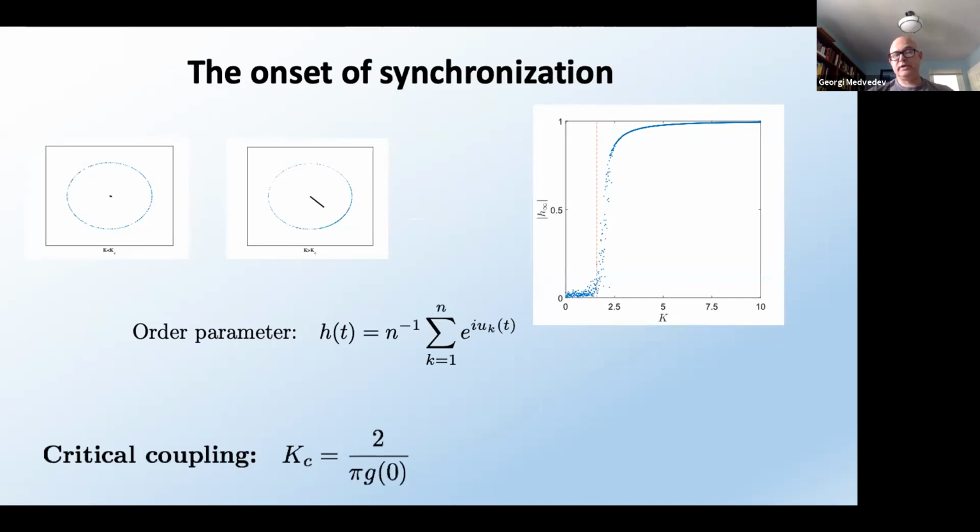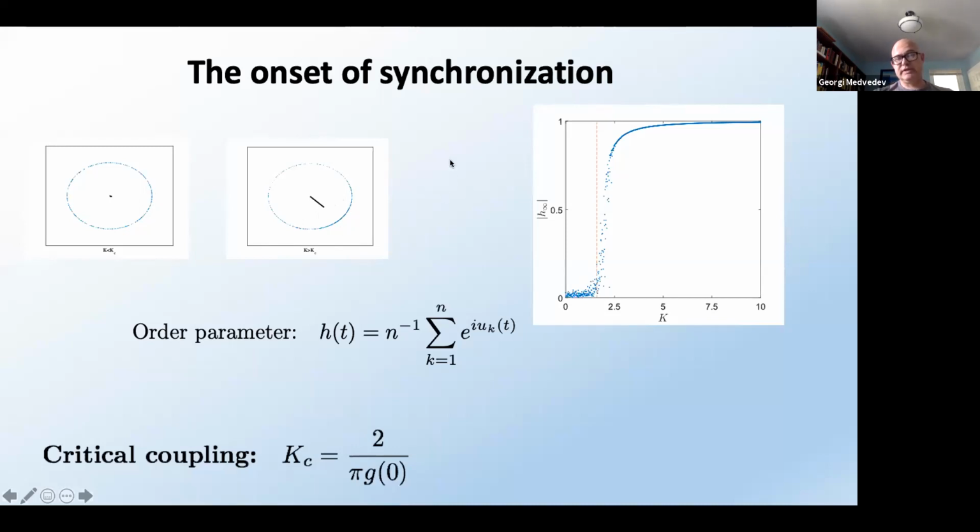Since the frequencies are random and different, for small values of K one sees this mixing dynamics where the oscillators are distributed practically uniformly around the unit circle. This behavior persists for some values of K, but then at some point one can notice a gradual build up of coherence, which eventually leads to synchronization, right?